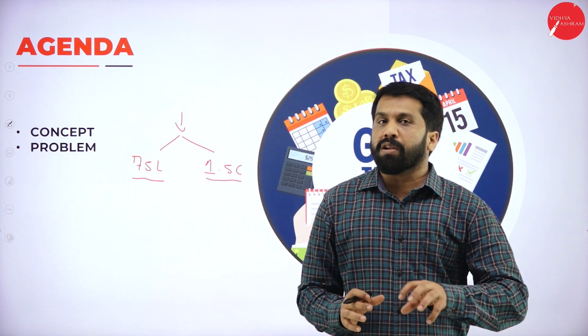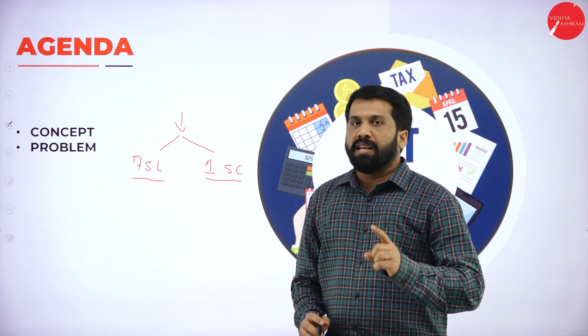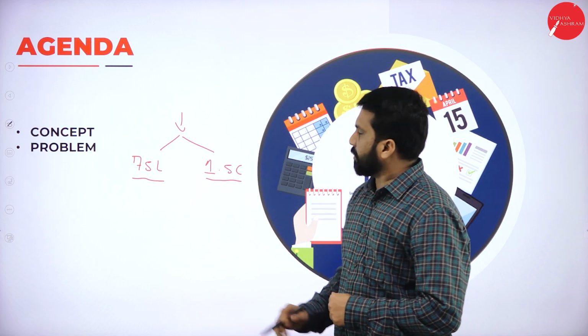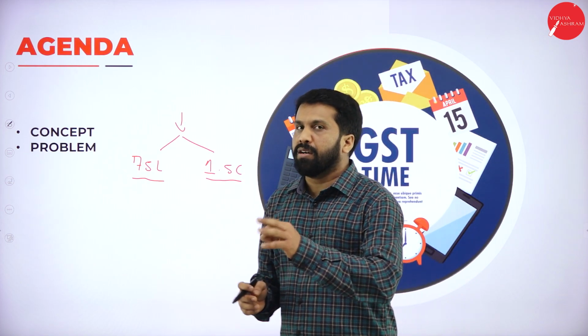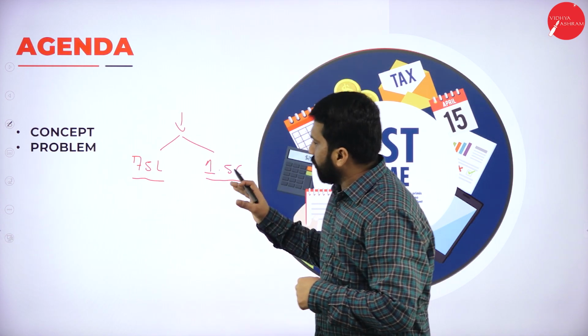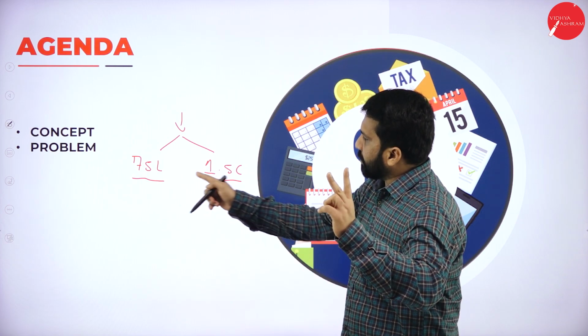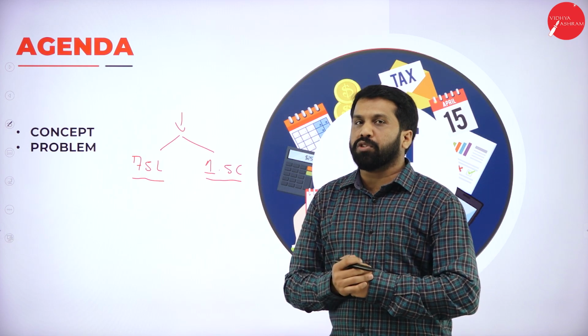If your overall turnover is below 75 lakh or below 1.5 crores, then you can go for the composition scheme. Hope you are clear. Now, why are there two limits? One is 75 lakh, another is 1.5 crores. Which one should we consider?